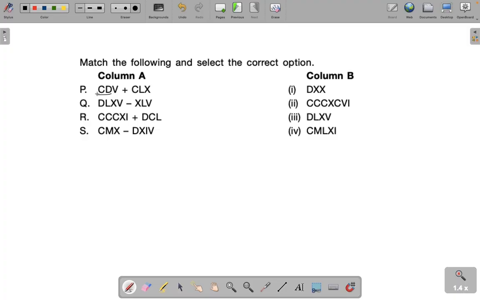Okay, so no need to match the columns. Just keep telling me the value that you'll get if you add the numbers. So first of all, tell me the value of CDV. What is the value of CDV? Sir, 405. Yeah, 405. What is the value of CLX?